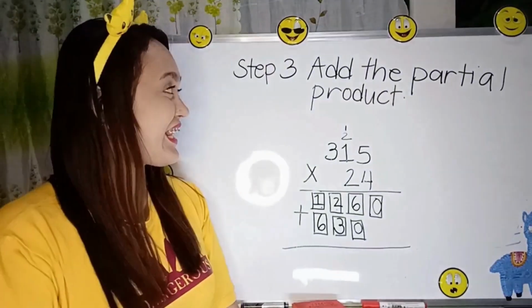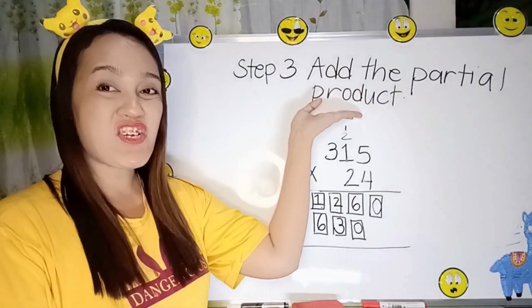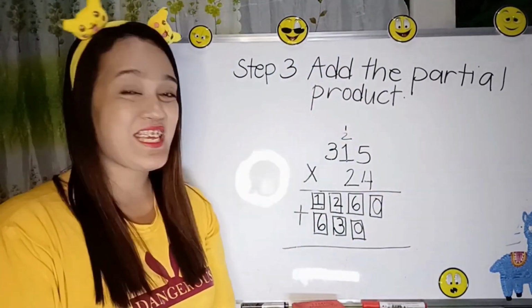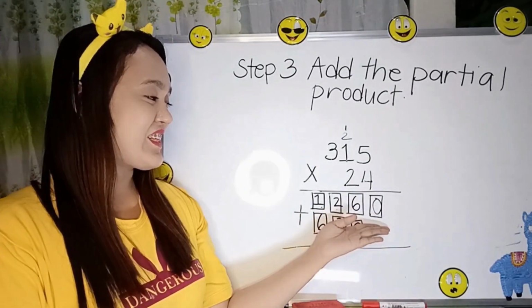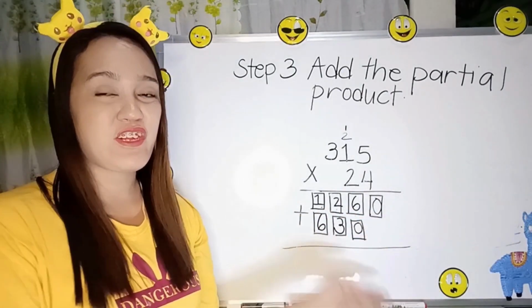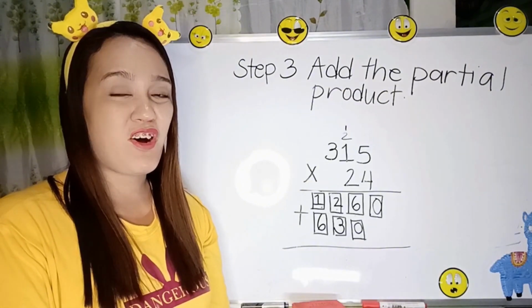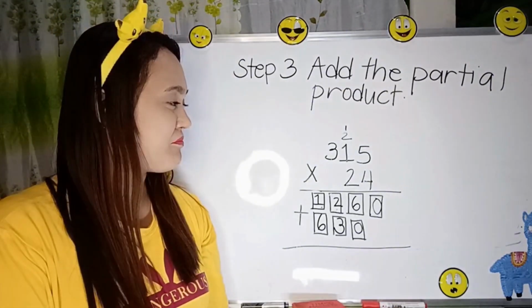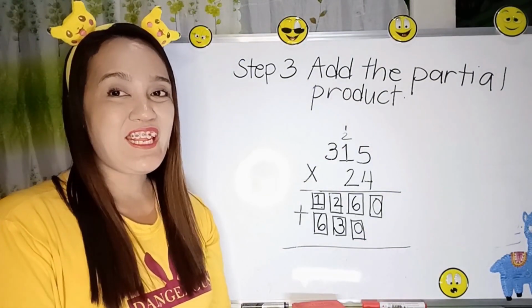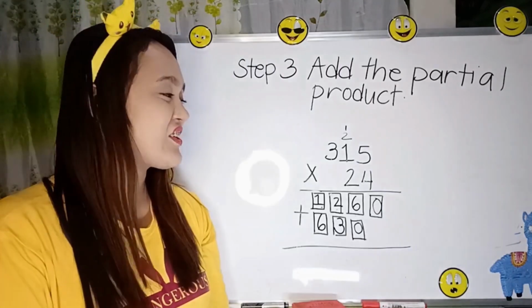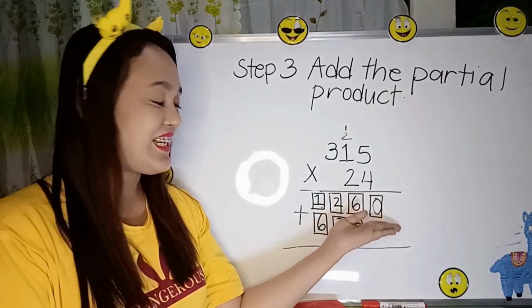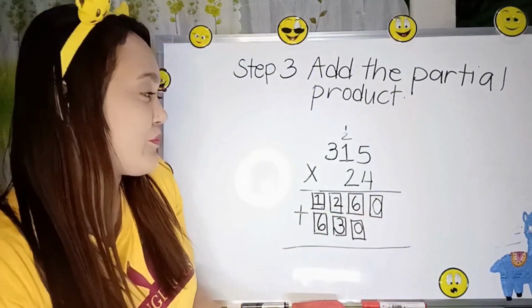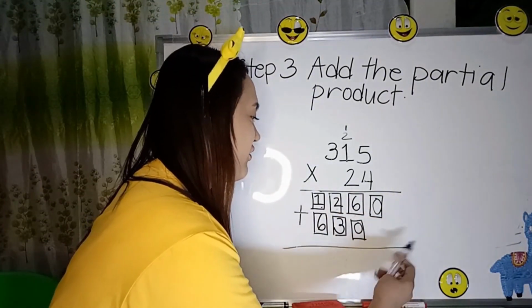Step number 3. Add the partial product. In this example, we need to add 1,260 and 630 since they both belong in partial product. In adding partial product, always start from the right or the ones digit. We will just bring down 0.